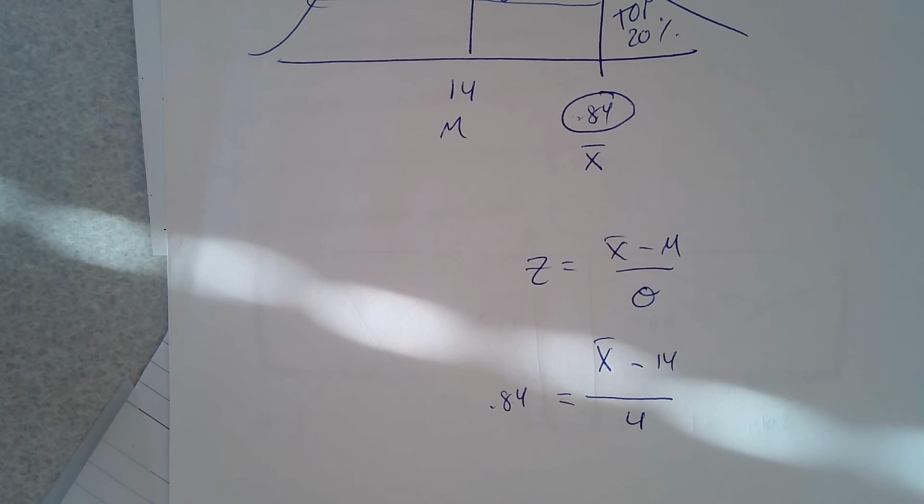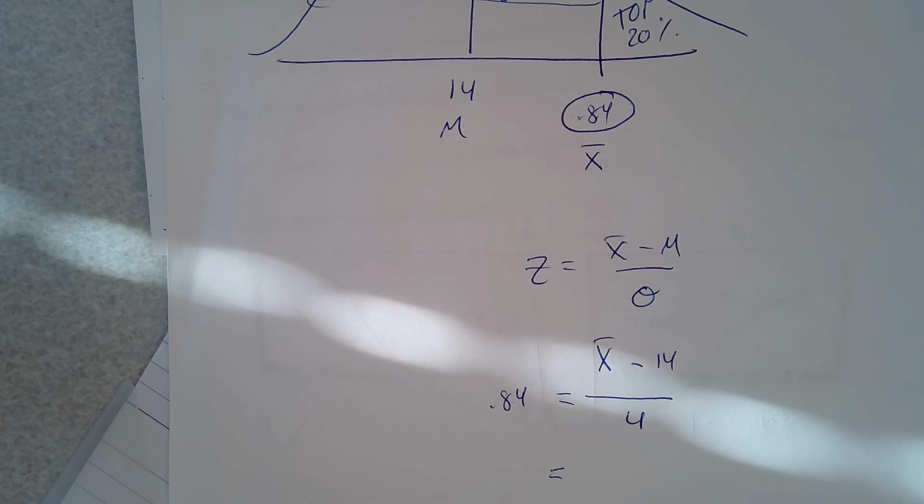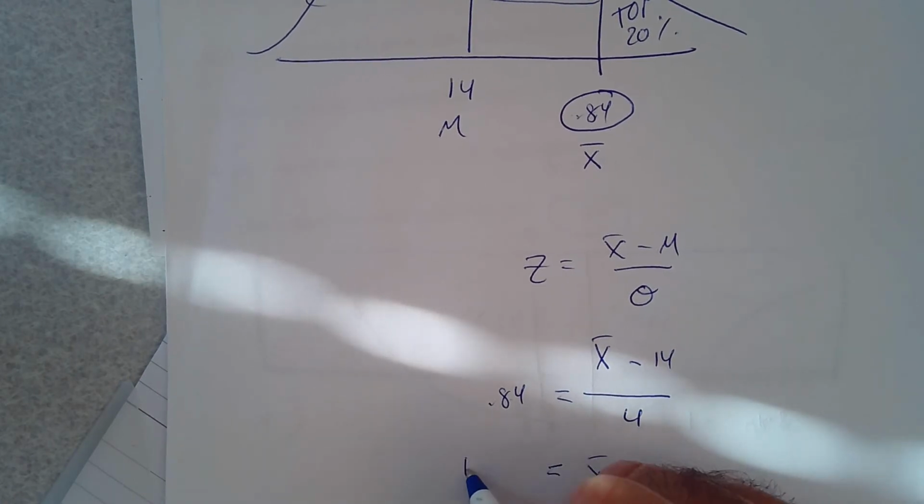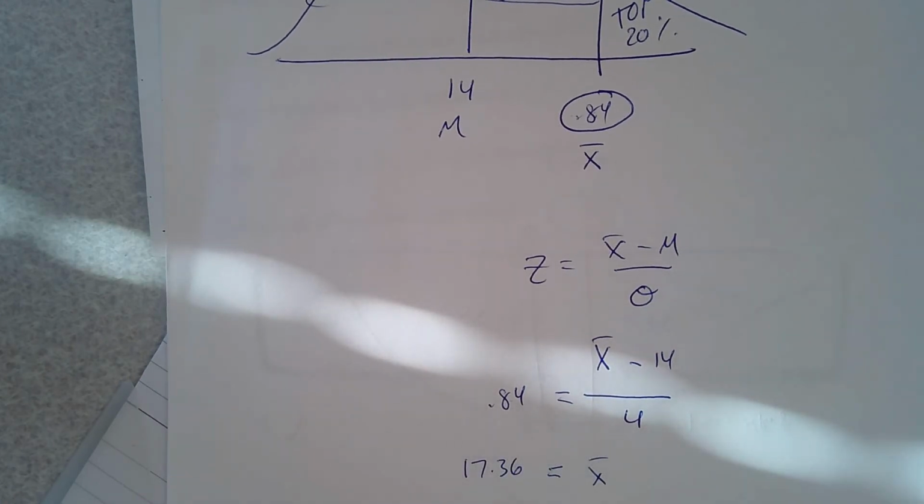When you are given a percentage, like top 20%, bottom 10%, middle 50%, that's going to allow you to find the z-score, and therefore you can find out what the cutoff score is. So algebraically, if I solve this, 0.84 times 4, and then add 14, x bar is going to equal 17.36.